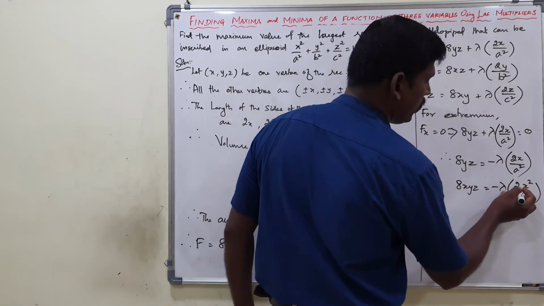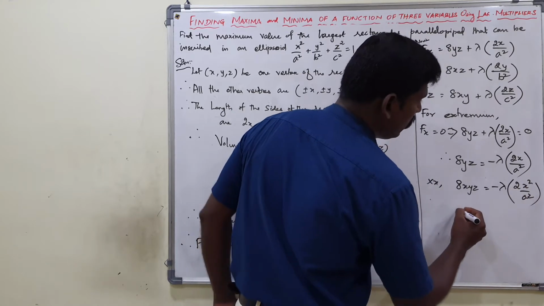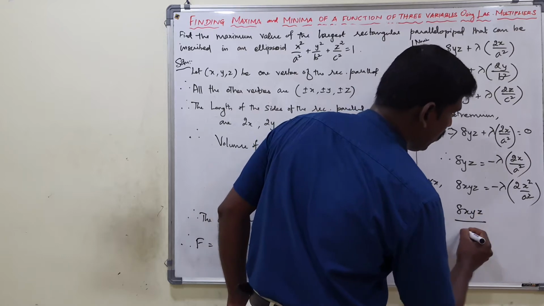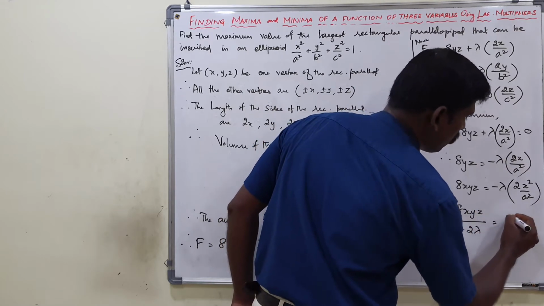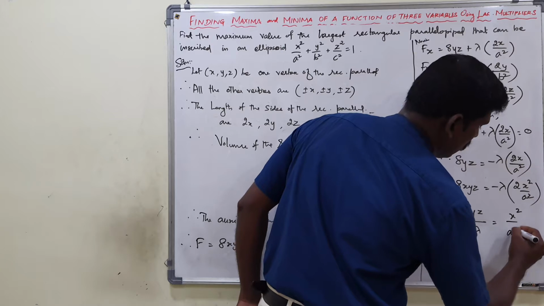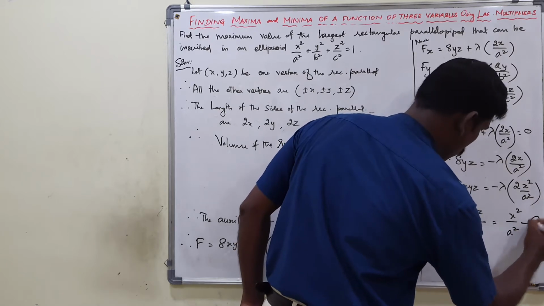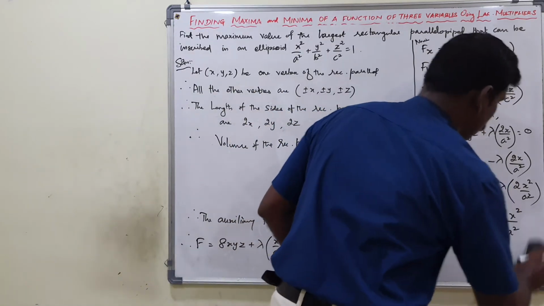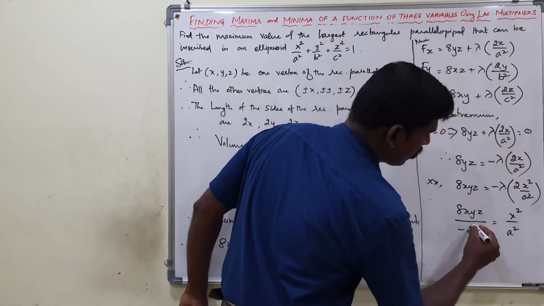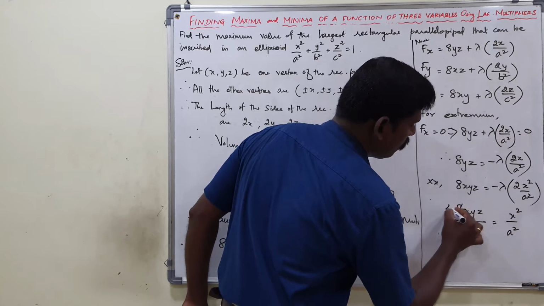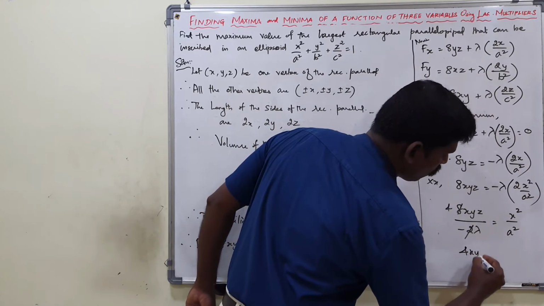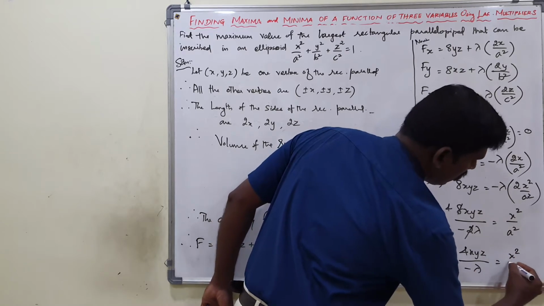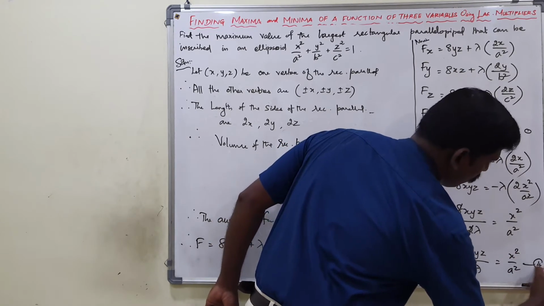Now I take minus 2 lambda to the left hand side, so 8xyz by minus 2 lambda equals x square by a square. We can simplify the left hand side: strike out 8 with 2, it will be 4. So 4xyz by minus lambda is equal to x square by a square. I call it equation number 4.